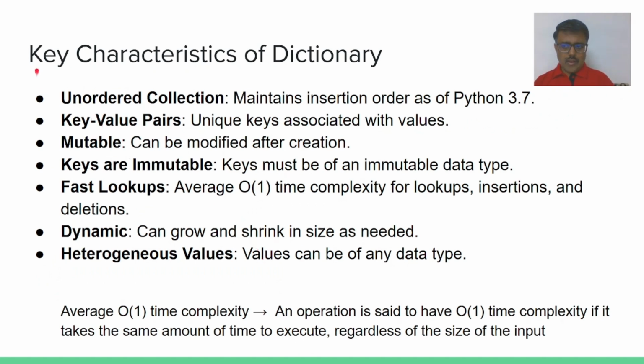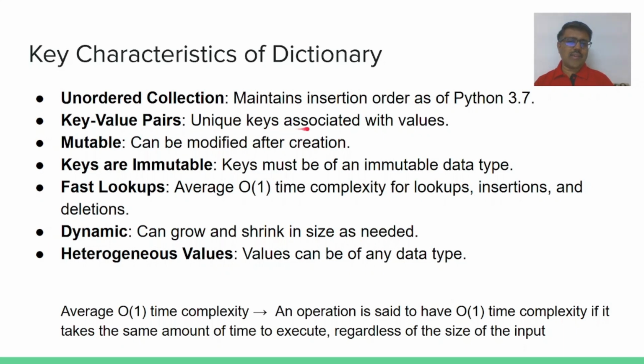Now, like how we learned the key characteristics of the list, set, and tuple, the same way let's learn the key characteristics of the dictionary. Just looking at the previous one, you know that it always has key value pairs.